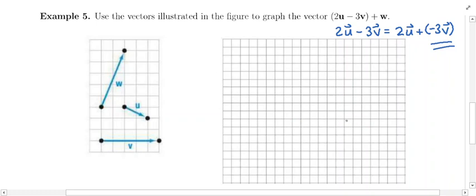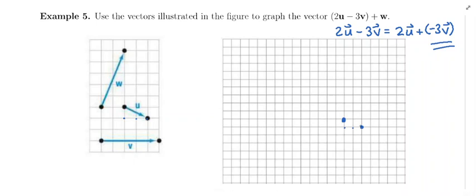Okay, so I'll start 2u off right here. If you look at u, to form u you need to go down 1, right 2. So that's going to be this point. But we're doubling u, so we need to double its magnitude. 2 is positive, so it's going to keep the same direction, but we do need to double the magnitude.